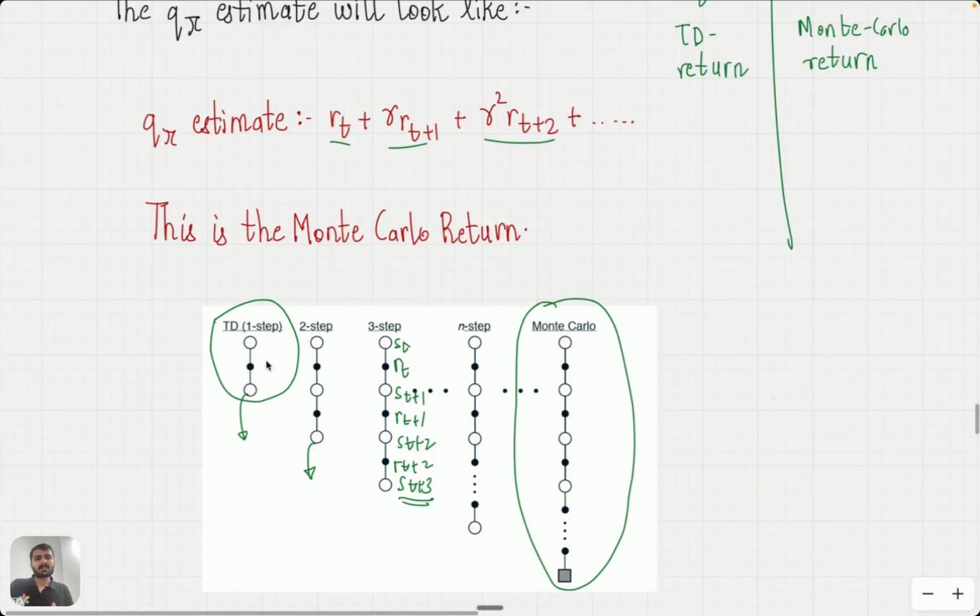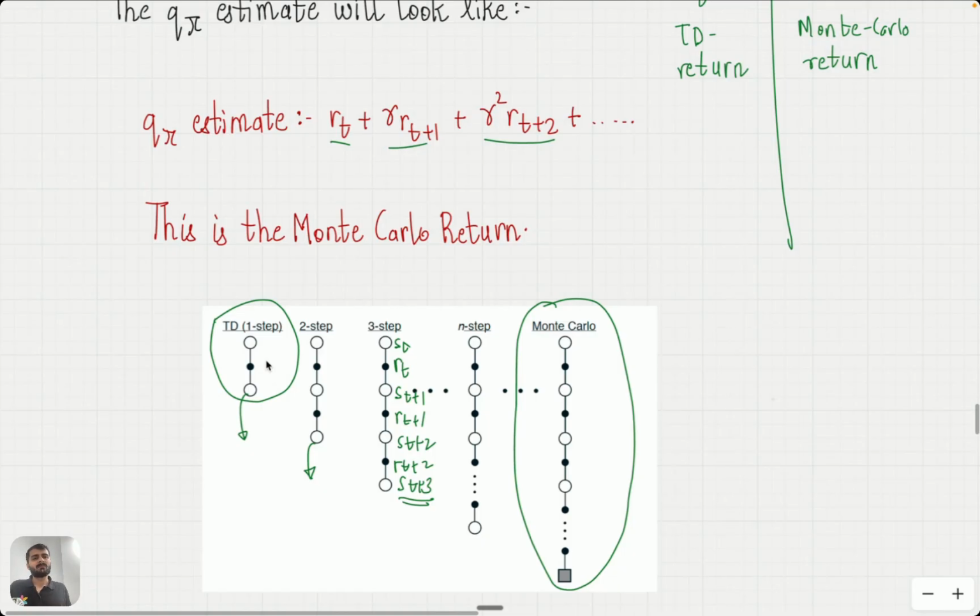Now, after this, people ask another question. Okay, we can do either two-step, three-step, or n-step return, but can we do a composite return? Can we do a return which combines, let's say, a two-step return and a four-step return and a six-step return?